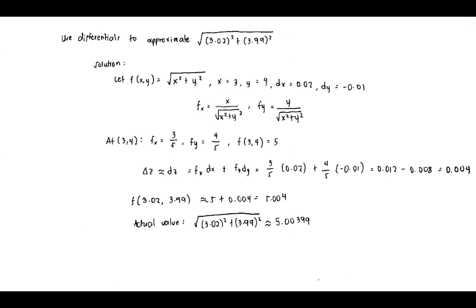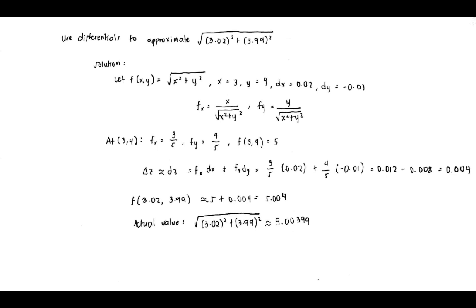For the solution, we let f(x, y) equal the square root of x squared plus y squared, where x becomes 3 and y becomes 4. Our dx is equal to 0.02 and our dy is equal to negative 0.01.